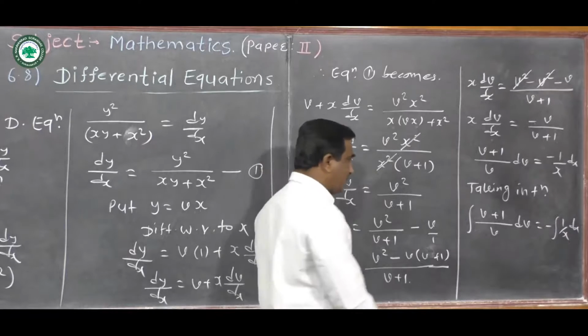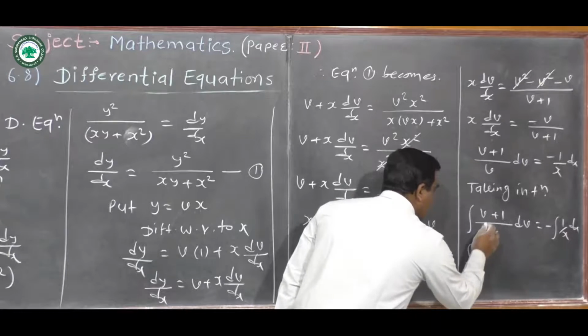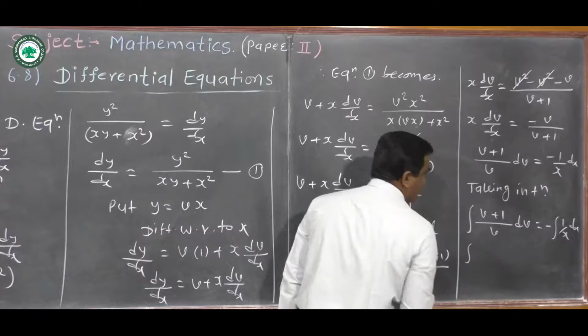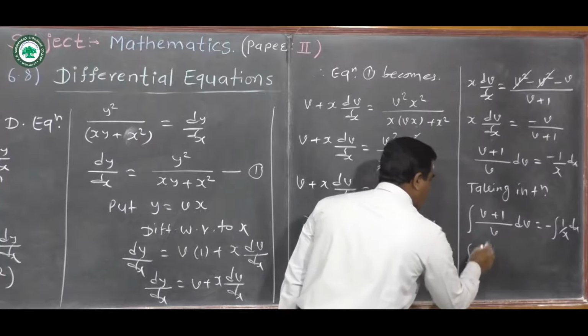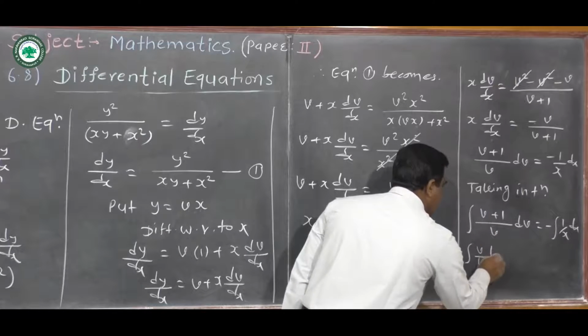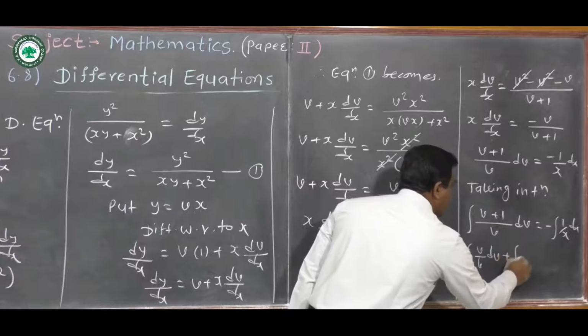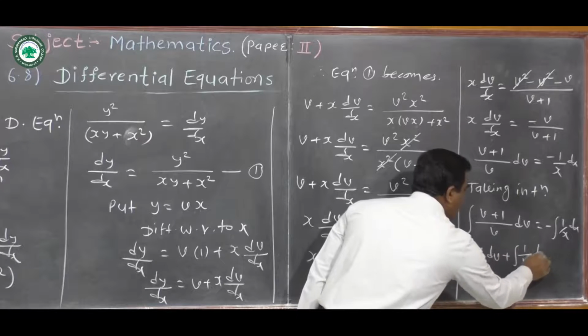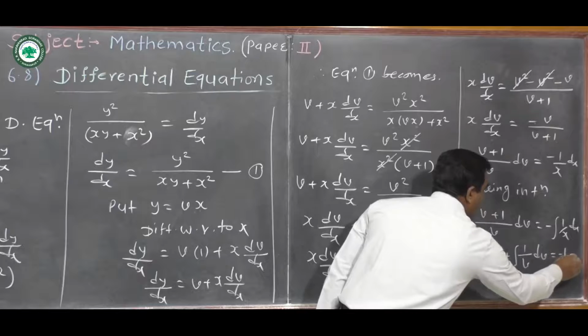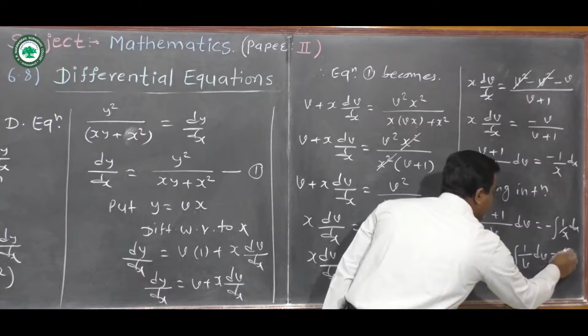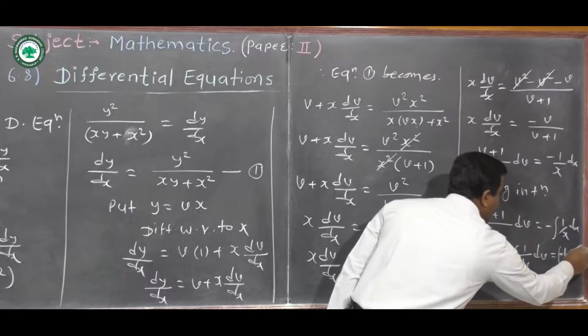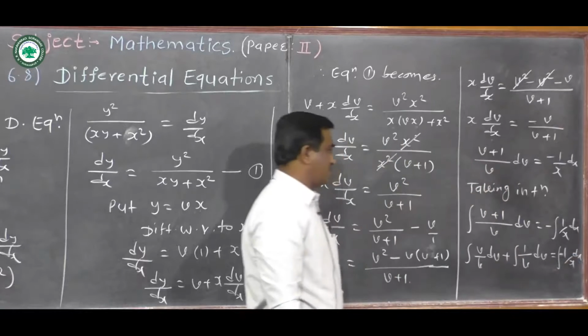That is, we can write here integral, take separate denominator and separate integration, v upon v into dv plus integral 1 upon v into dv equal to minus integral 1 upon x into dx.